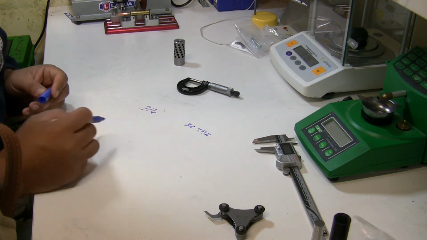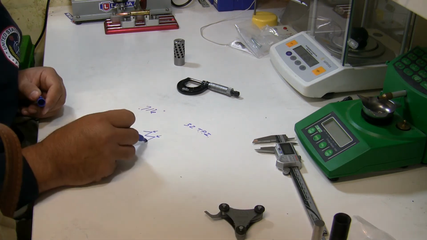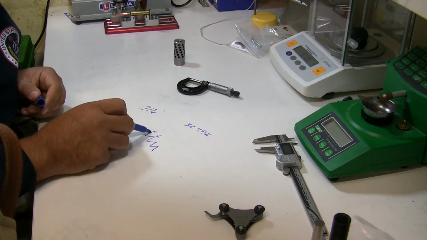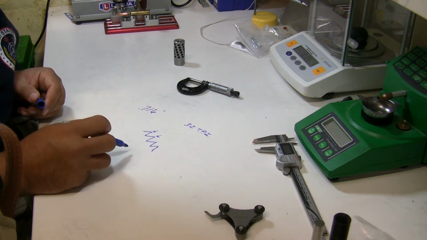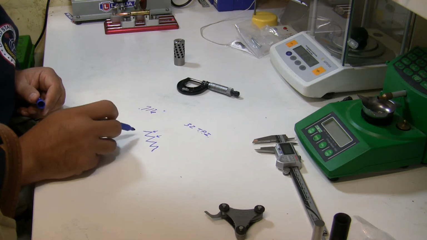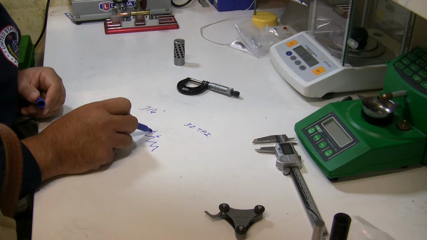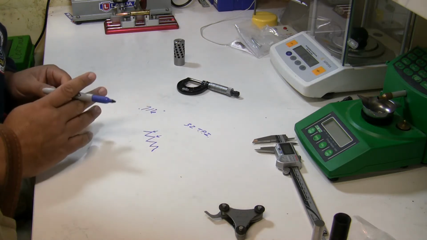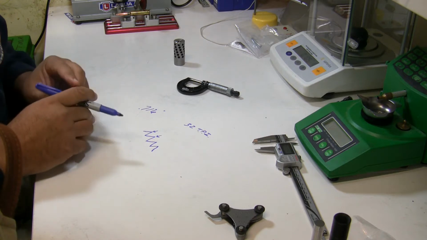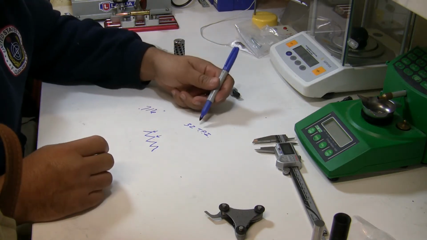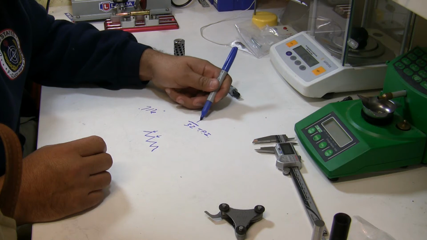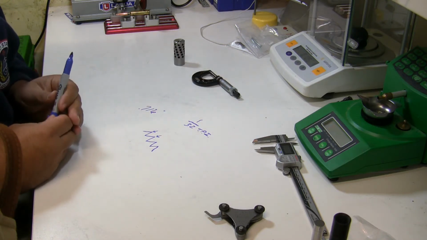In 1 inch there's going to be 32 of these. But the thread pitch is whatever it is from here to here. So the easiest way to do this is simply put a 1 over the 32 and do the math.